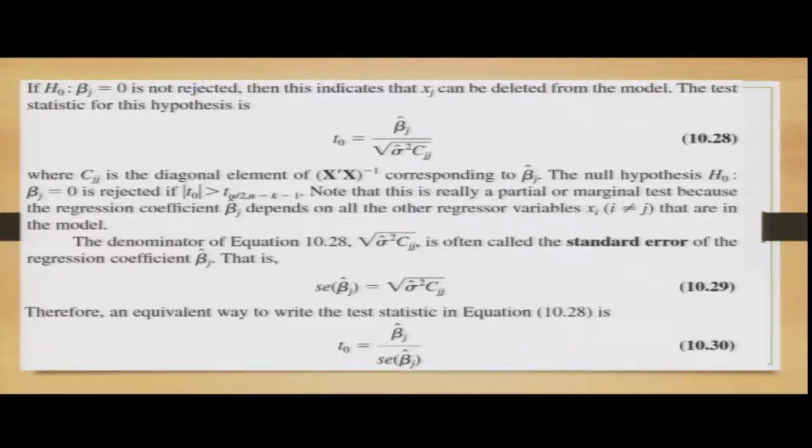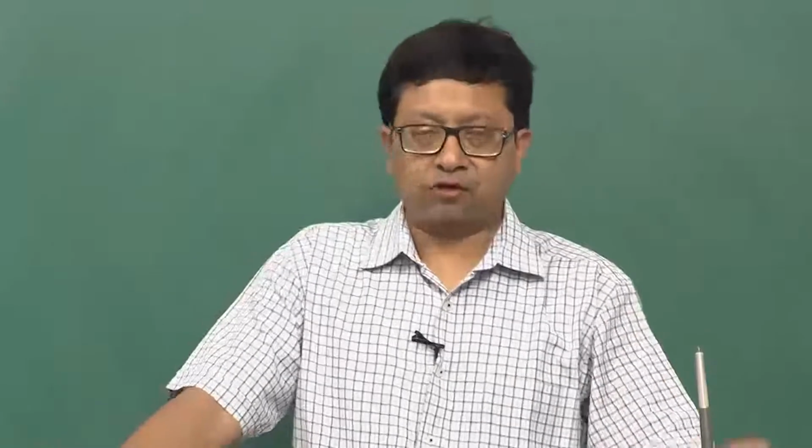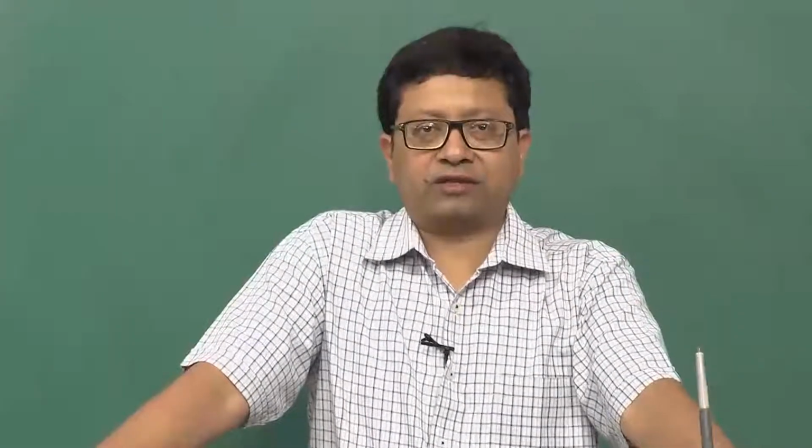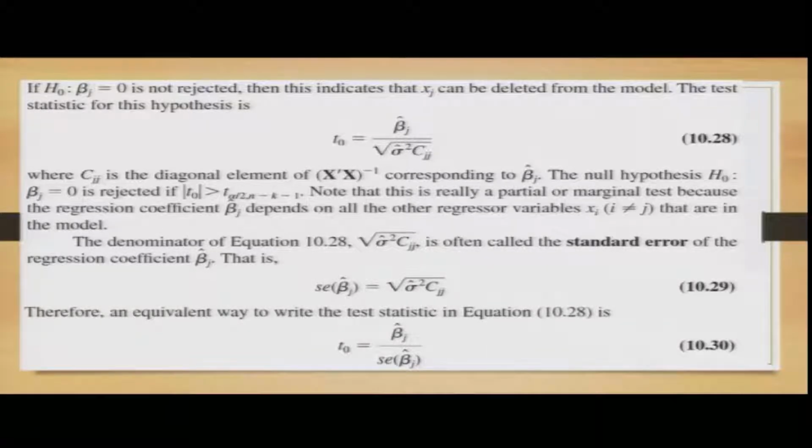Beta hats would be found out such that in the long term the expected value of the beta hats is exactly equal to beta. That is basically the characteristic of unbiasedness. The t statistic under H naught would be beta hat j divided by the square root of sigma square hat c j j. So, they would be the corresponding elements of the principal diagonal, because it is c j j, the values will be accordingly.